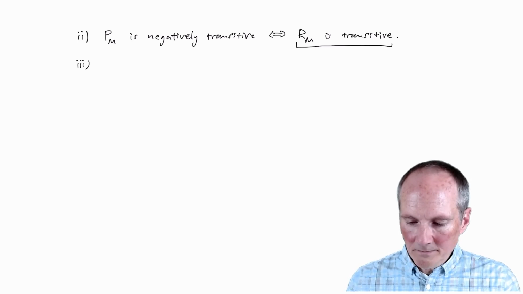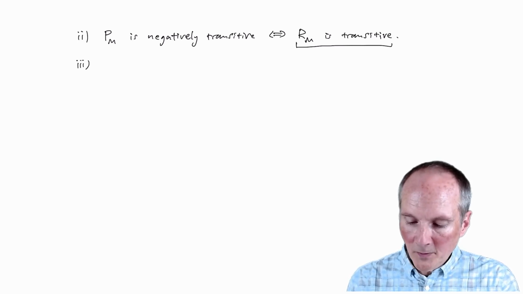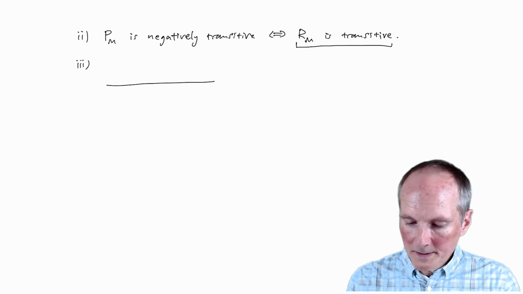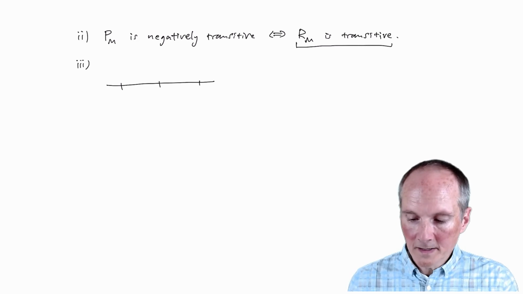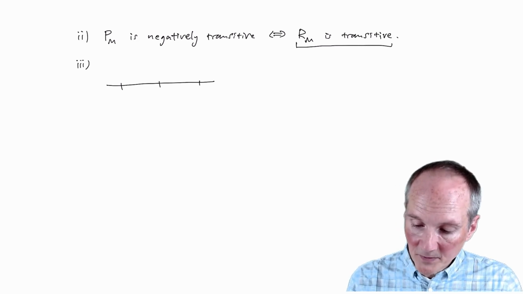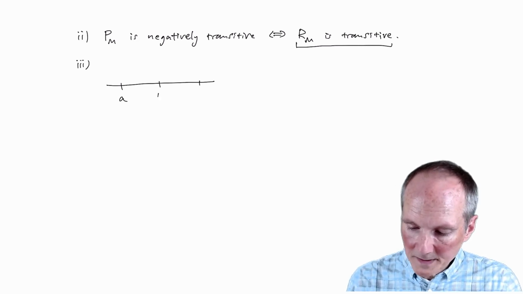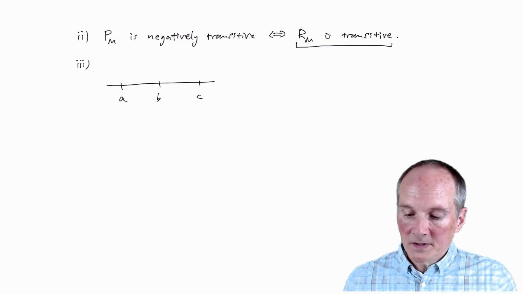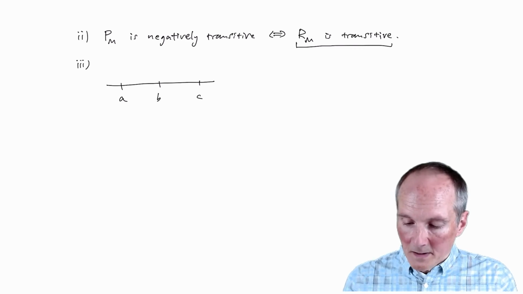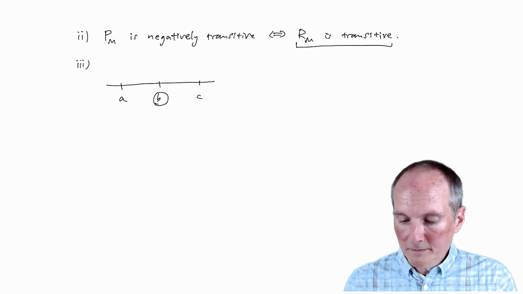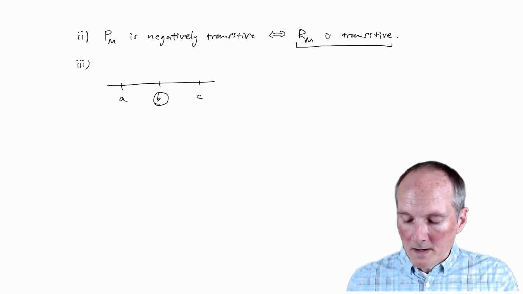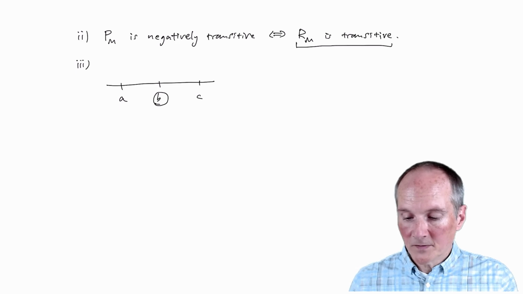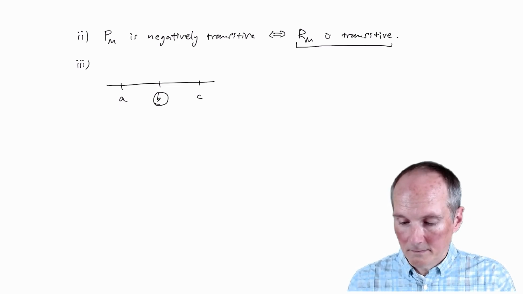And this is expanding on something that we talked about before. If I have 3 alternatives on the line, so in the one-dimensional model, suppose I have 3 alternatives like A, B, and C. Suppose that the individuals have single peak preferences, then the middle alternative cannot be bottom ranked among those three alternatives for any voter.